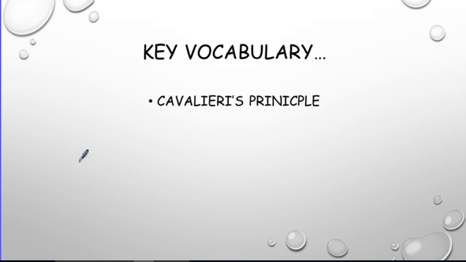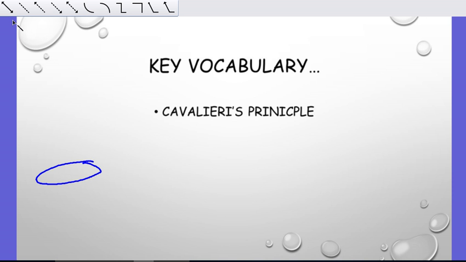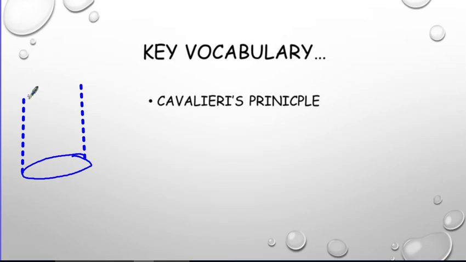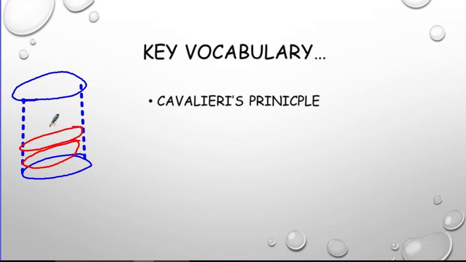So if you think about a cylinder looks like this, and then you're going to have some height, which is the dotted part, and then you're going to have your circular part at the top. That's a cylinder. So what Cavalieri's principle tells us is that this cylinder is actually just a bunch of these circular bases on top of each other.